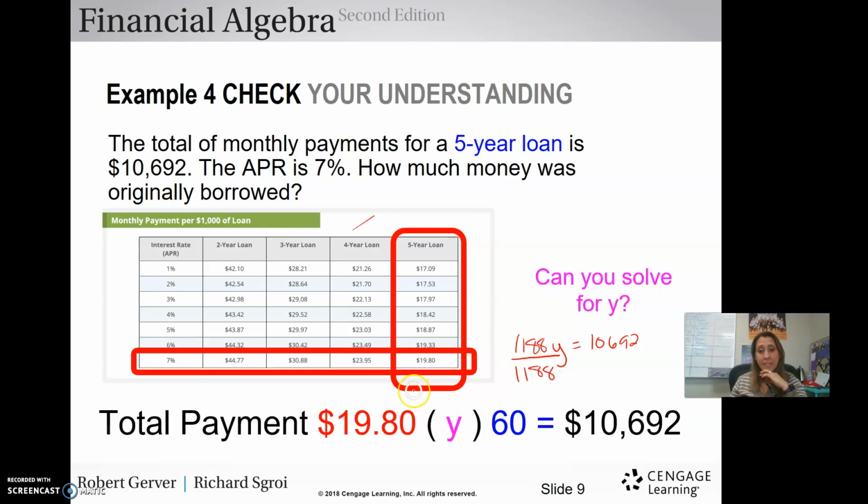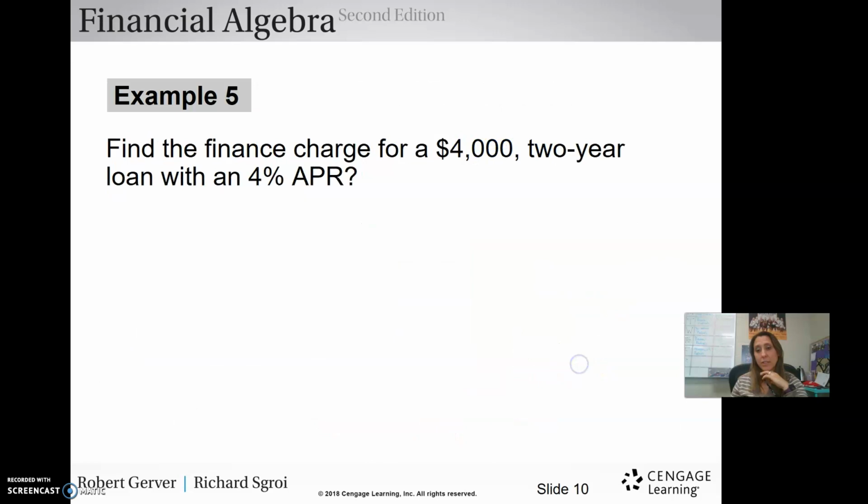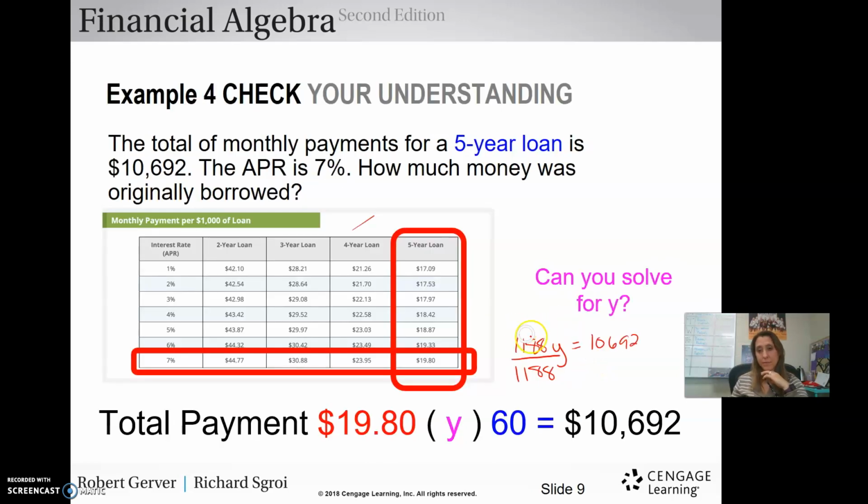And how I got the 1188, again, was 19.80 times 60. We divide both sides by 1188, and then we end up with Y is equal to 9.